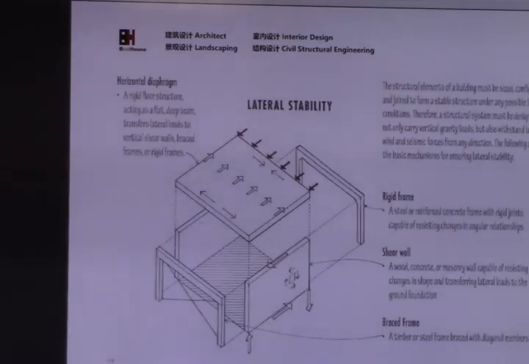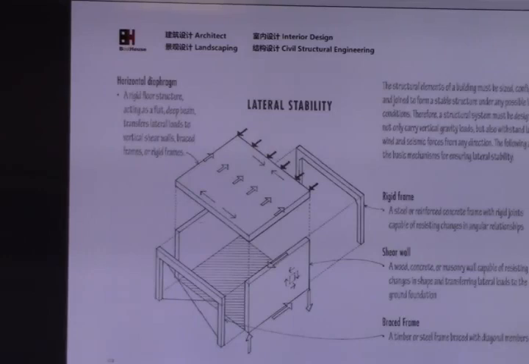There's something we want to focus on, the lateral stability. What's the lateral stability? We have every beam. That one beam itself is no problem. Every beam and column have no problem.